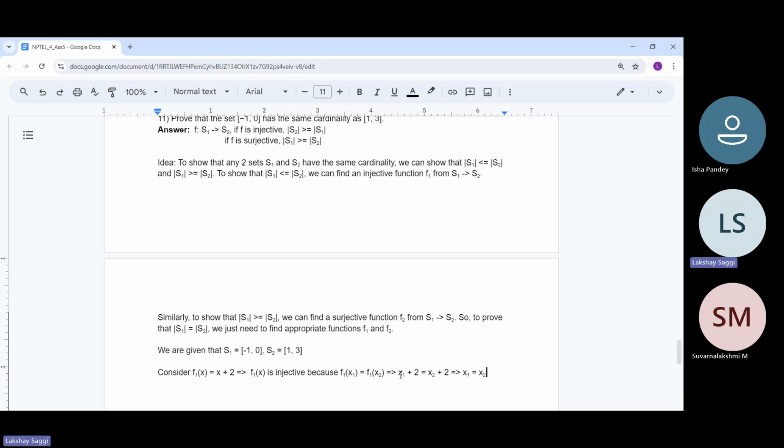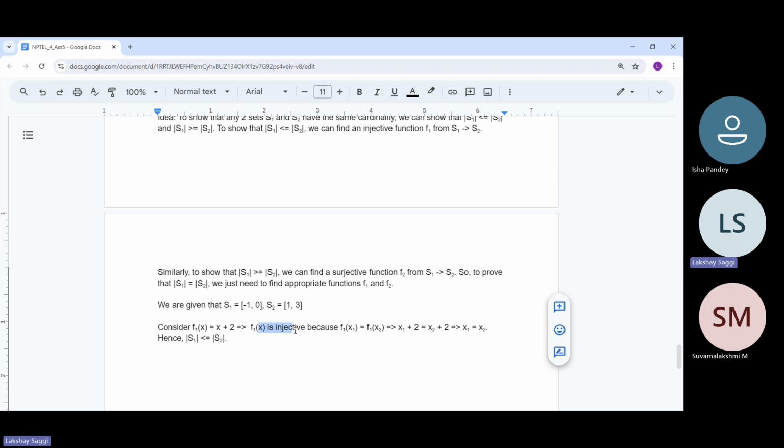And so we know that this function f1 of x equal to x plus 2 is injective. So we obtain that the cardinality of S1 is less than or equal to the cardinality of S2. So we have obtained this from this function. So we have found an injective function.